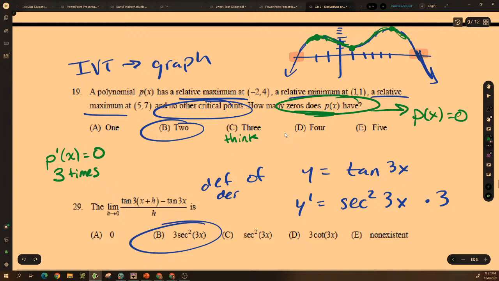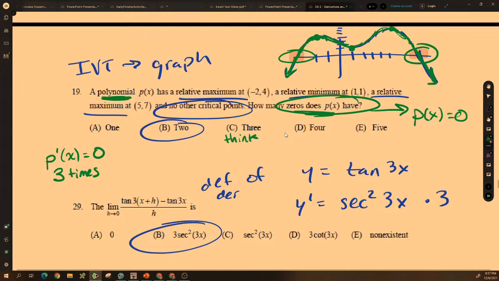And I didn't see any zeros, but I do have to keep going. Because I have a maximum and no other maximums, it's just going to have to keep going down forever, because it's a polynomial, right? I'm not going to have any asymptotes of any kind. Then on the right side, it's just going to keep going down. And so I have 1, 2 times that the polynomial P of x crosses the axis. So the answer is B.